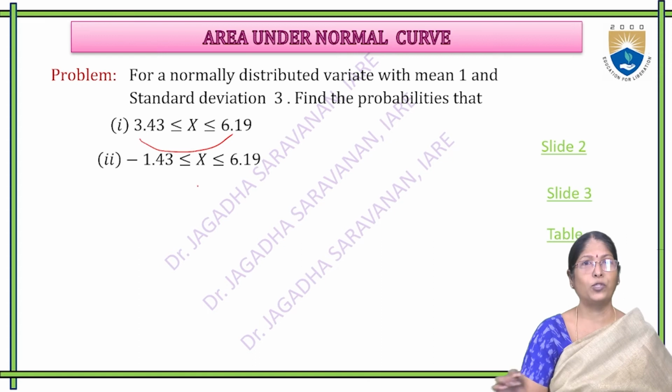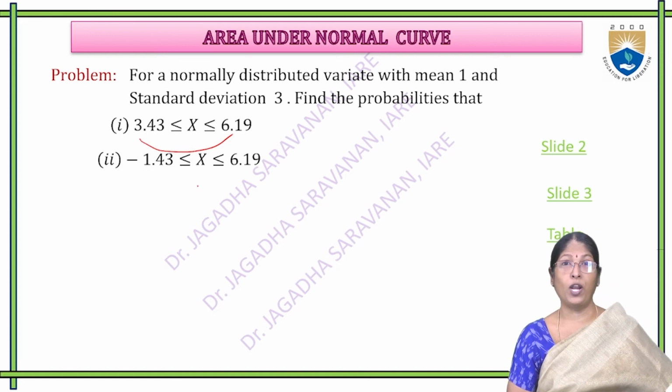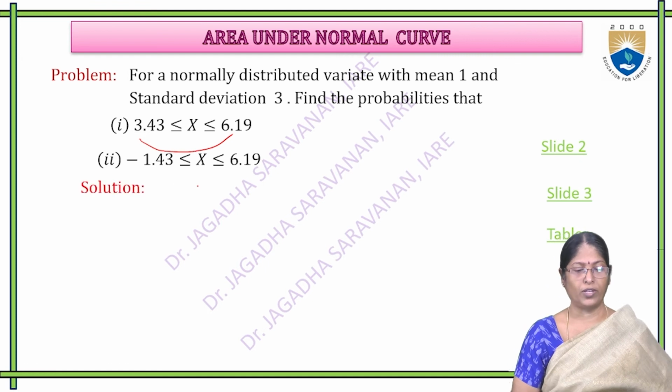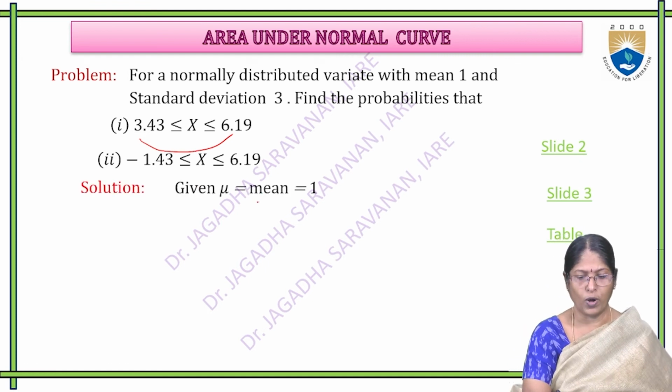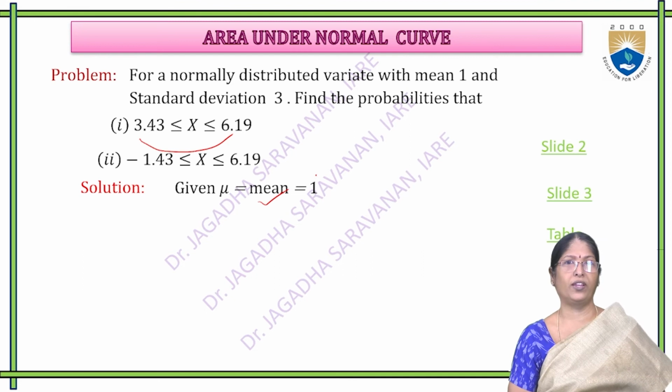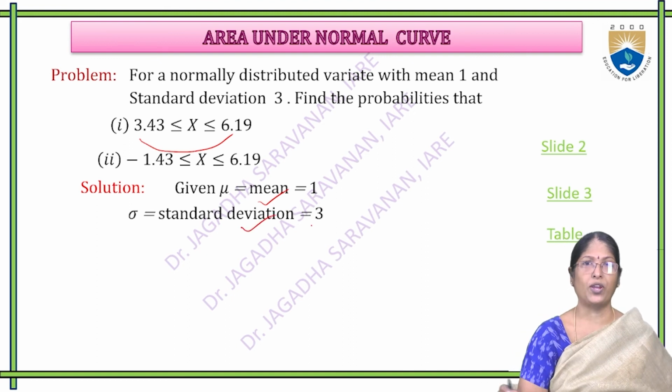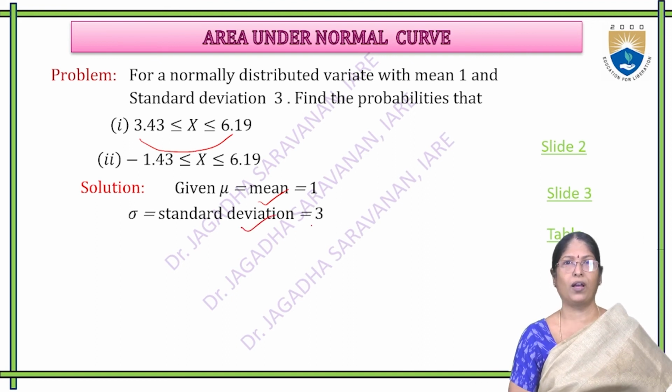Solution. What is the data given first? We write mu equal to mean equal to 1, and the standard deviation, denoted by sigma, is equal to 3.